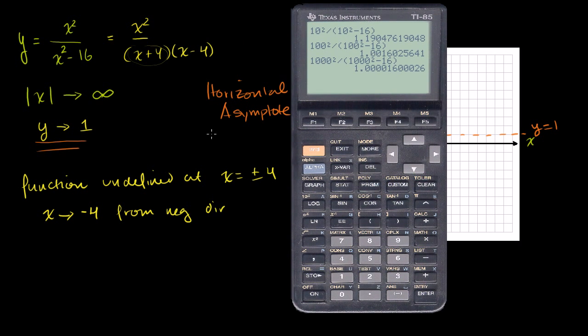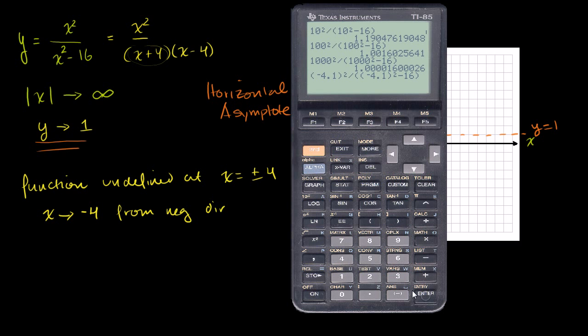So let's say we want to go from the negative direction. Let's start with negative 4.1. So we have negative 4.1 squared divided by negative 4.1 squared minus 16.